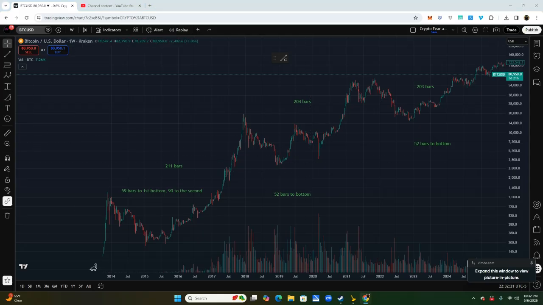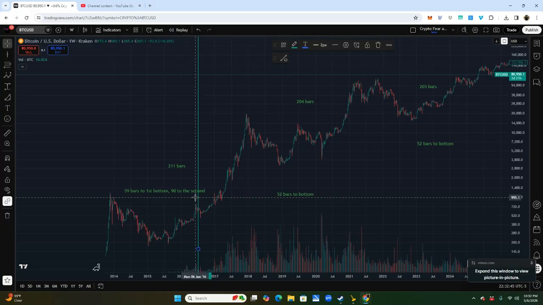Now, the other thing we can look at here is that Bitcoin has a halving every 4 years. Its first halving was in 2012. We don't have the data here. But the second halving was July 9th, 2016, so it's roughly right there.